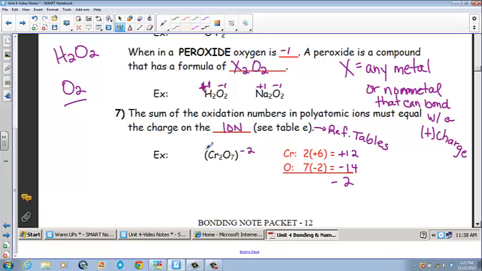But polyatomic ions are their own entities, so we can put parentheses around them to indicate that it is a polyatomic ion.